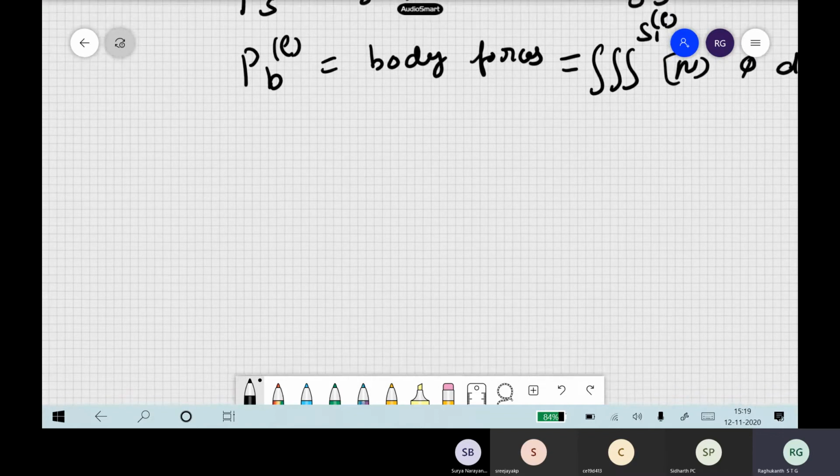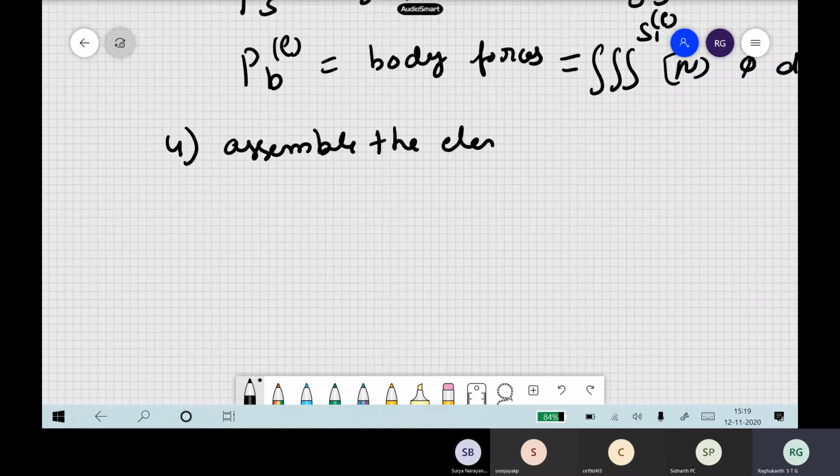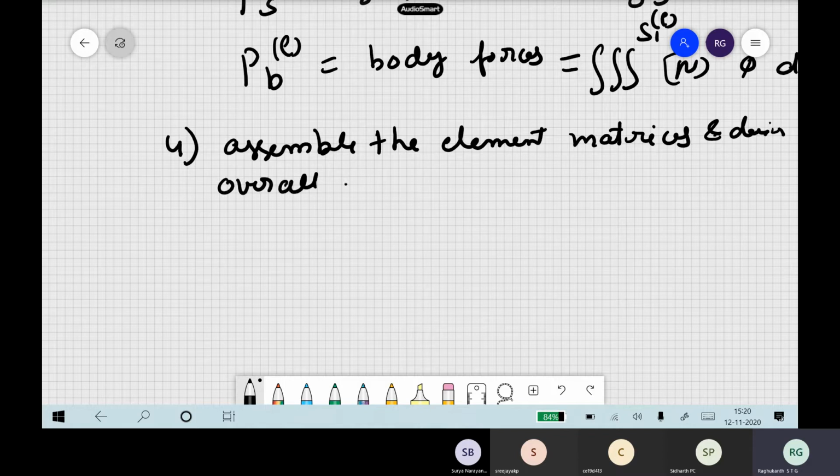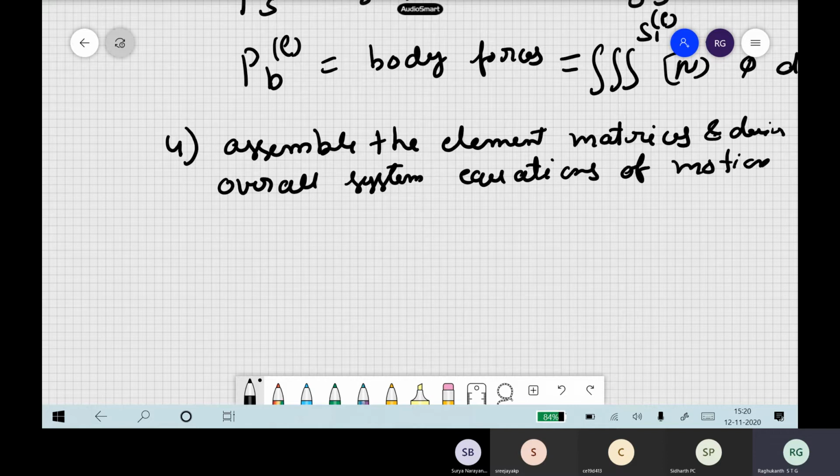So now the next step is essentially that you have to assemble the element matrices, and you derive the overall equations of motion. So this is our next step actually.